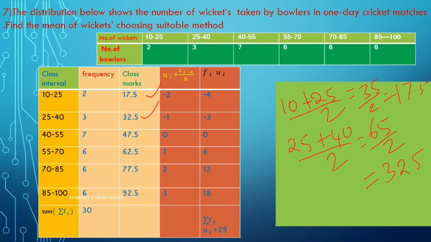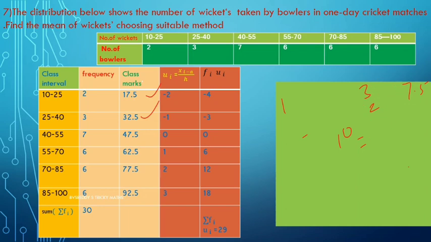Again, very important, in the fourth column, in the class marks, take any one value as A. If you take A, that is called the mean class. In the other column put 0. I have taken 47.5 as A, and in the ui column I put 0.